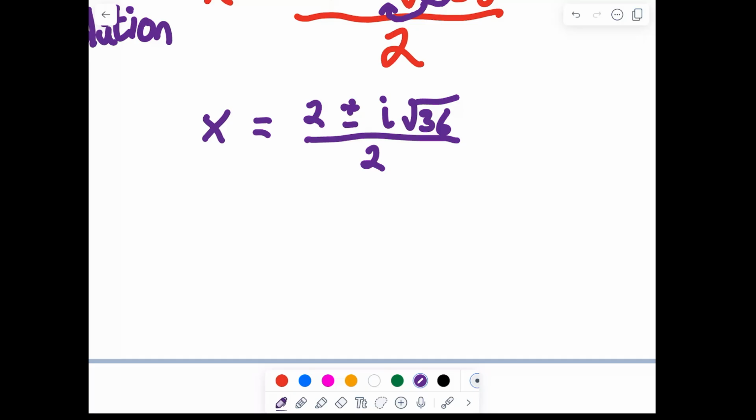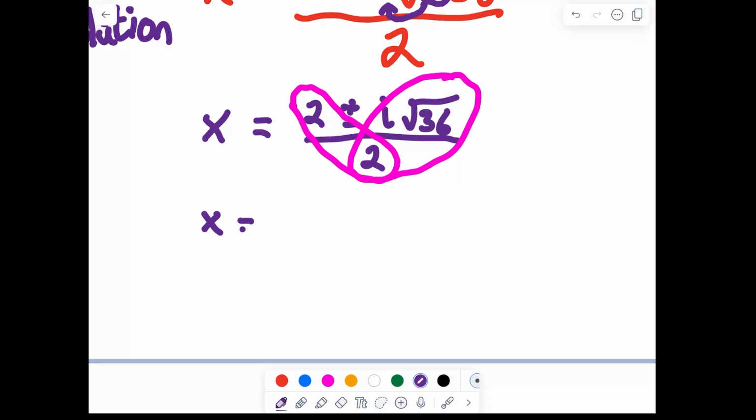I'm taking that -1 because the square root of -1 is i, and I'm separating that out. So this simplifies to 2 plus or minus i times the square root of 36, which is 6.